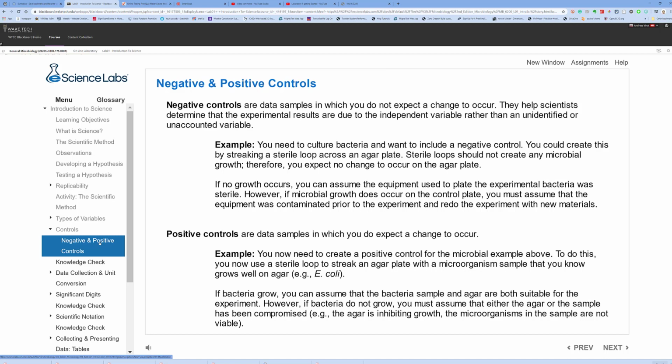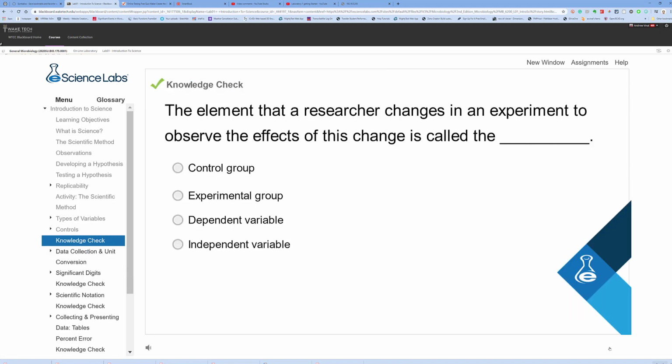To do this, you need a sterile loop to streak on an agar plate, and you know that the bacteria grow well in agar. If the bacteria grow, then you assume the bacteria sample and the agar are both suitable for the experiment. If the bacteria don't grow, then you assume that the agar or the sample has been compromised. And so these things are important to check out or diagnose those sorts of things.